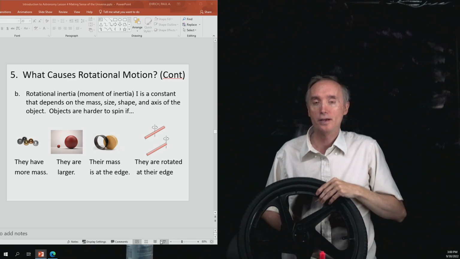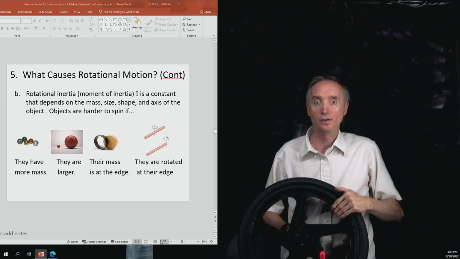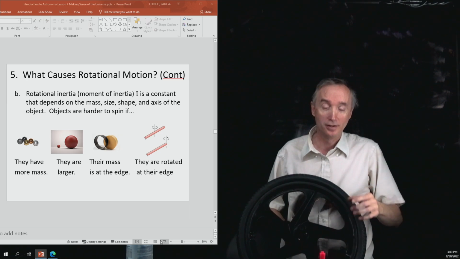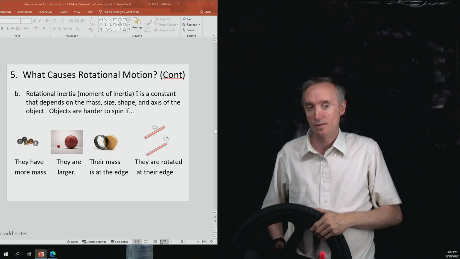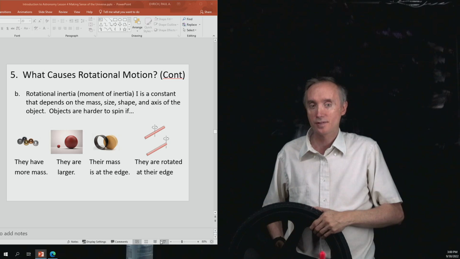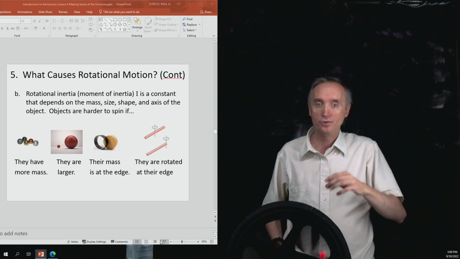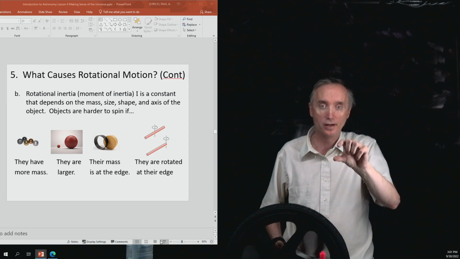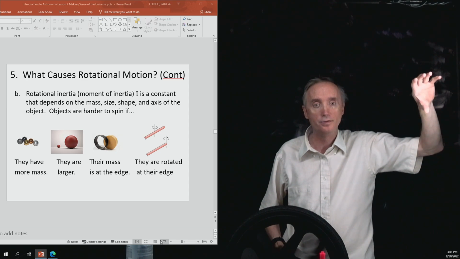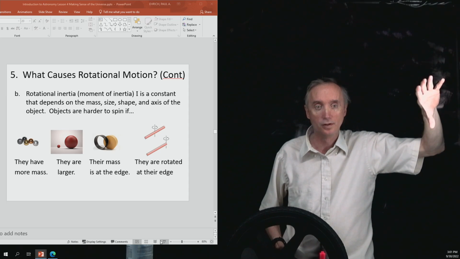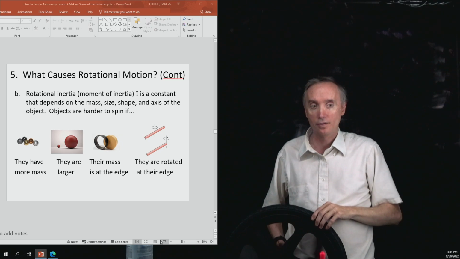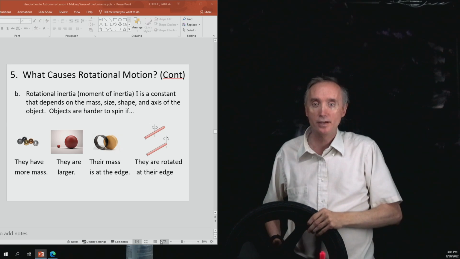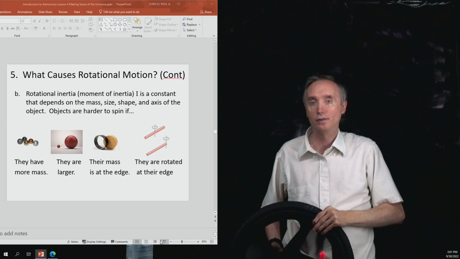Another thing it depends on is where the mass is located. This is really cool. You see those two objects there? One of them is a ring, and the other one is a disc. They're both the same mass, and they're both the same radius. You can take those two objects, the ring and the disc, and put them on a ramp, and you let them go, and one of them will get down to the bottom of the ramp before the other one will, because it not only depends on the mass, but where the mass is located.